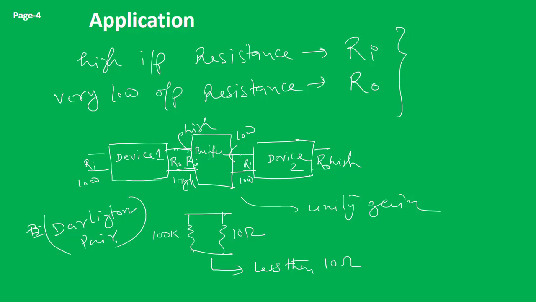This buffer is also popularly known as emitter follower. So these are the important terms associated with the common collector mode, and it has a very important application for impedance matching.